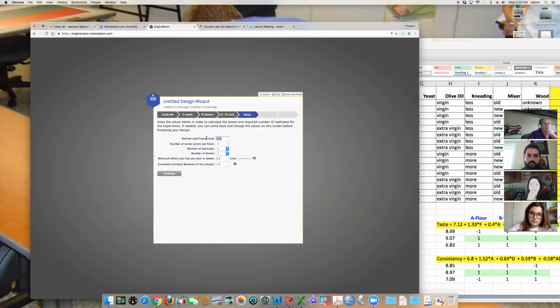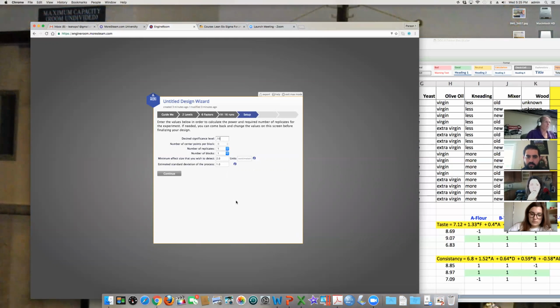We're switching over, because this is kind of a rough level, so we're only doing a level 4 resolution, setting the significance level of what we're looking for at 10%, or 0.10, which makes sense. Since we're looking for the basic levels, we're just going to keep the number of replicates down.